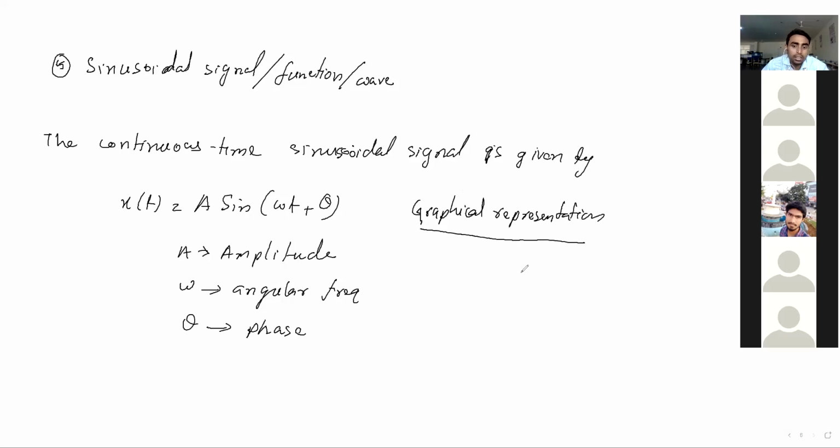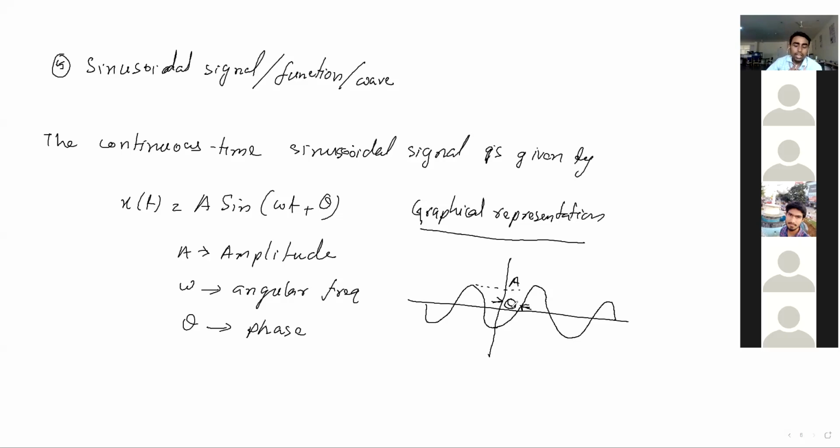Graphically, it is plotted like this. Sinusoidal means it may be a sine wave or a cos wave. So this is the amplitude. The deviation of this curve from the y-axis is given by theta.